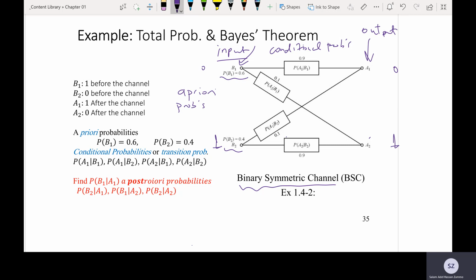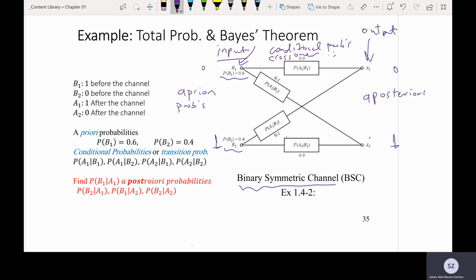If I send B1, what is the probability that I get A1? If I send B1, what is the probability that I get A2? In some books they call these conditional probabilities, crossover probabilities. And I'm interested in general in finding the probabilities of the output, which are called a posteriori probabilities.